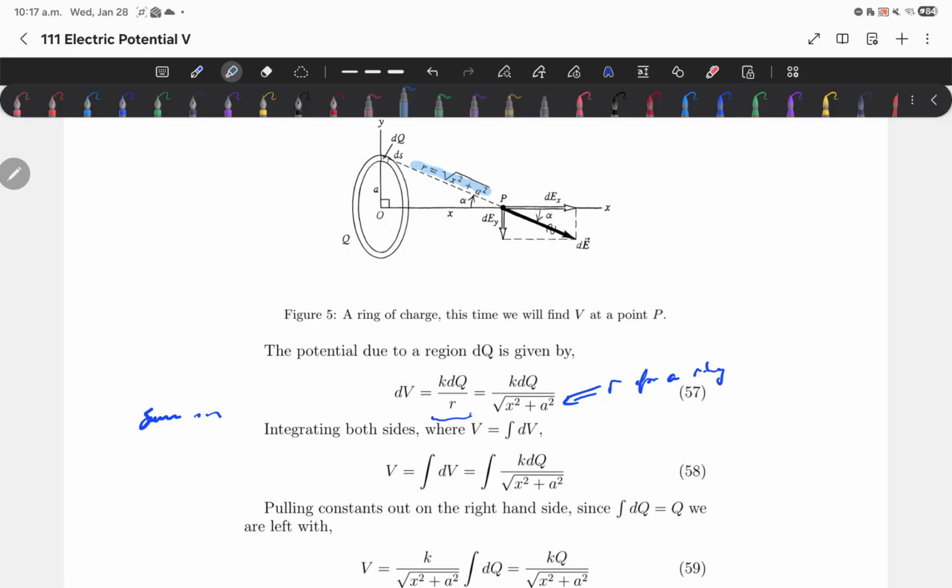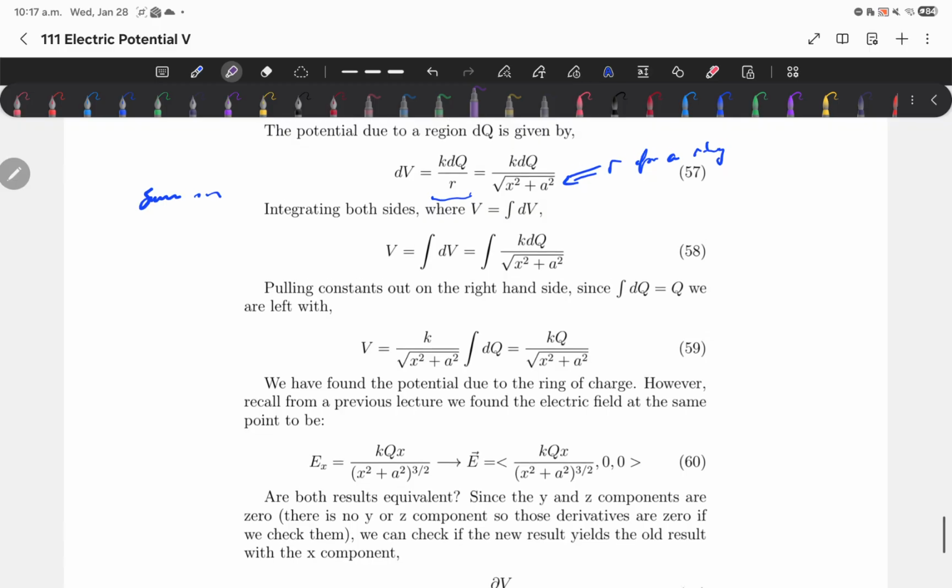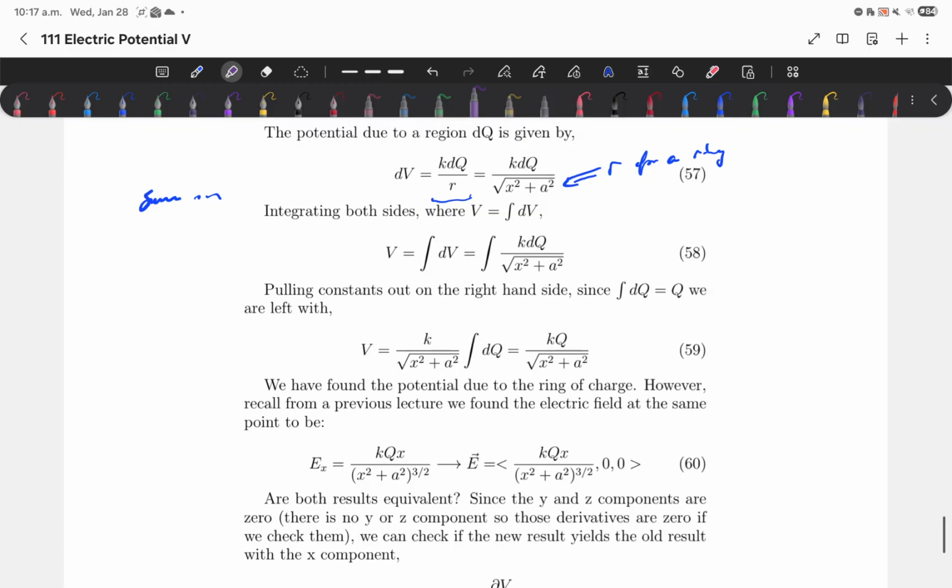So what happens here? Well, we basically don't have to integrate. We can pull out the constants. We just have the integral of dq. What happens when you add up all the dq's around the ring? You just get the total charge q. So the integral of dq is just q.